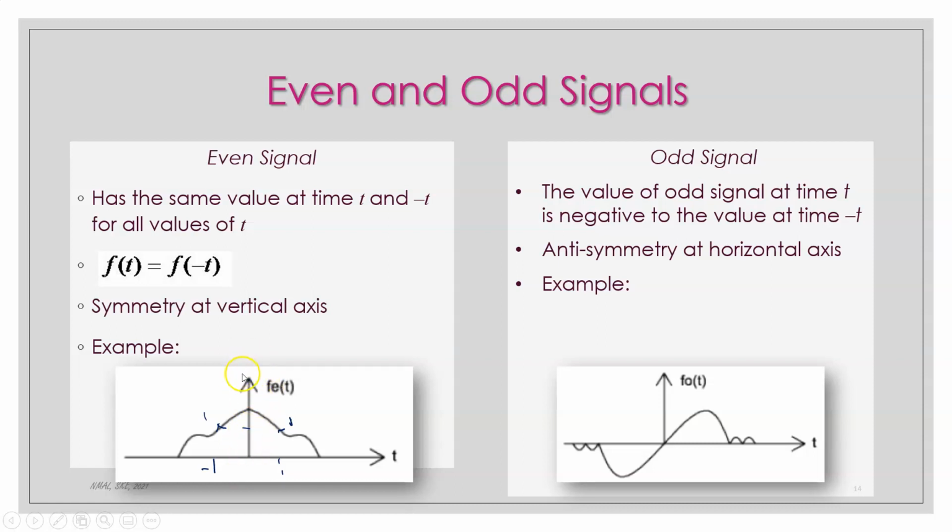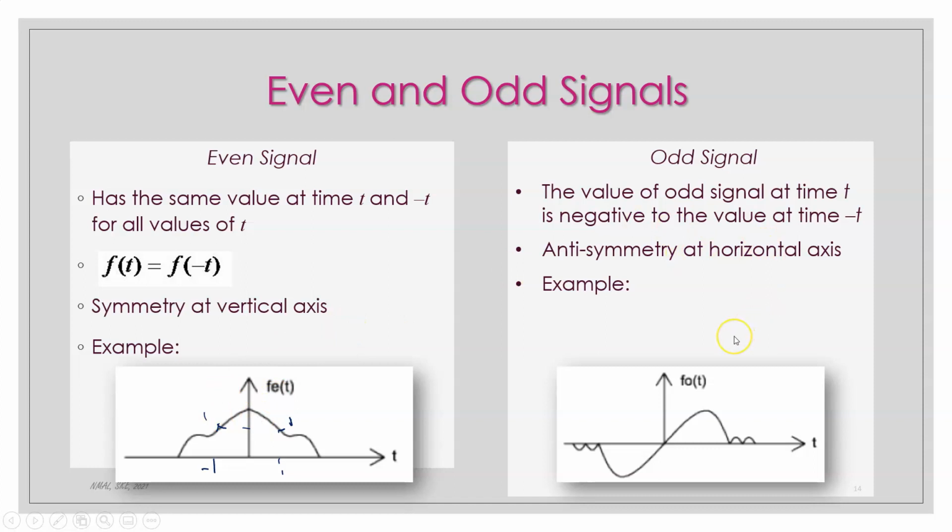We can also determine it if we fold: if this is a graph on paper, we fold it vertically at the y axis, then this side and this side should be the same. So this is an even signal.